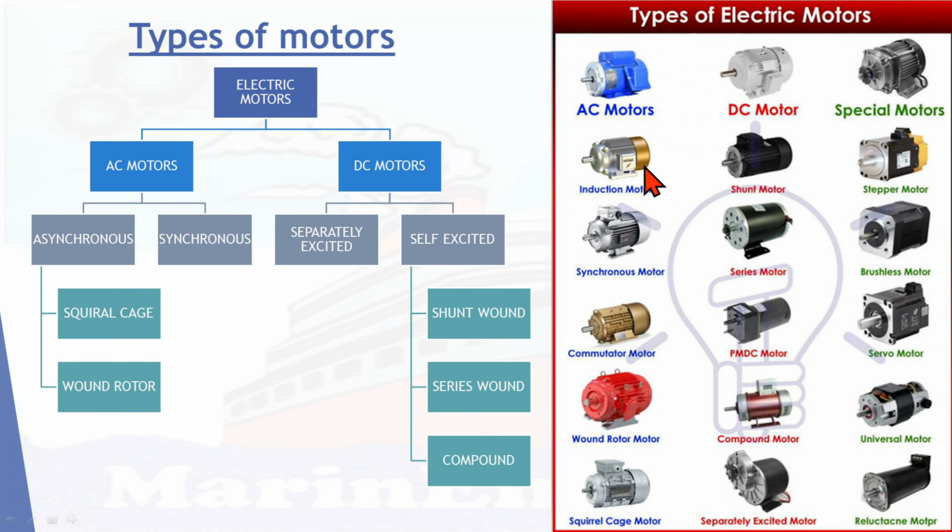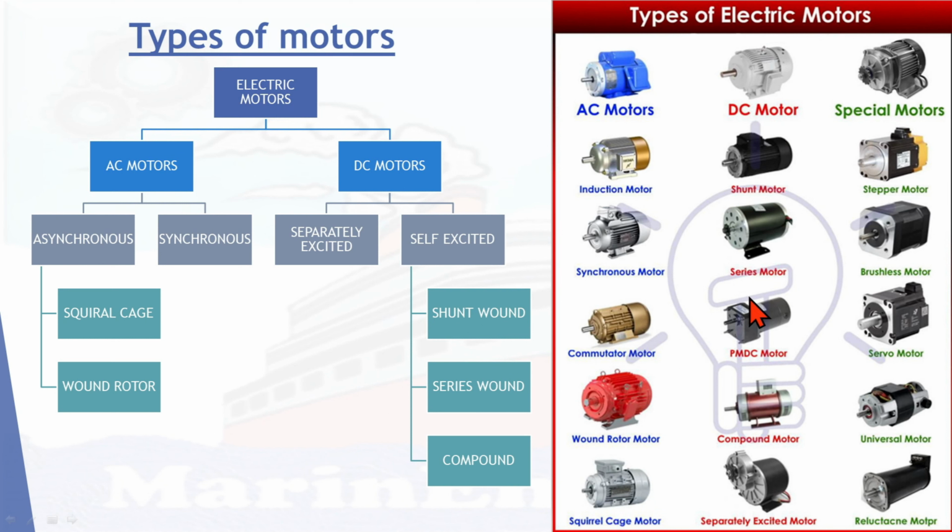Apart from that, in the industry we can find other AC motor types like normal induction motor, synchronous motor, and commutator motor. More or less you can find commutator motors in your hand drills and grinder machines. And wound rotor motors, squirrel cage motors.